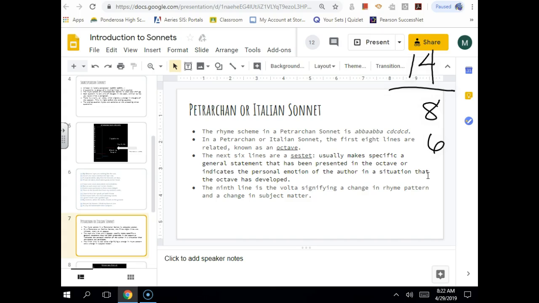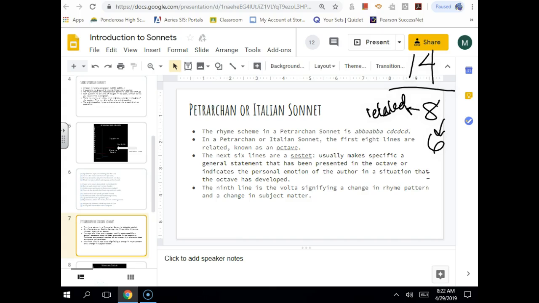No big deal. So, in the octave, okay, this is related. In the sestet, it usually makes specific a general statement that has been presented in the octave or indicates the personal emotion of the author in a situation. Okay, so the sestet builds off of that first octave.